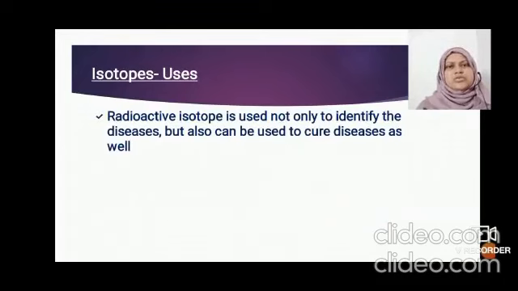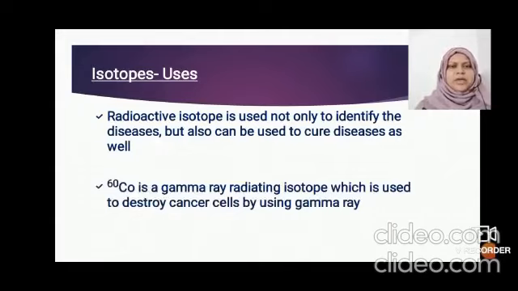Now, uses of isotopes. Radioactive isotope is used not only to identify the disease, but also can be used to cure disease as well. Cobalt-60 is a gamma ray radiating isotope which is used to destroy cancer cells by using gamma ray.